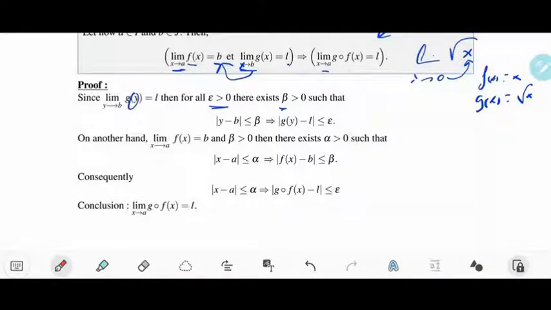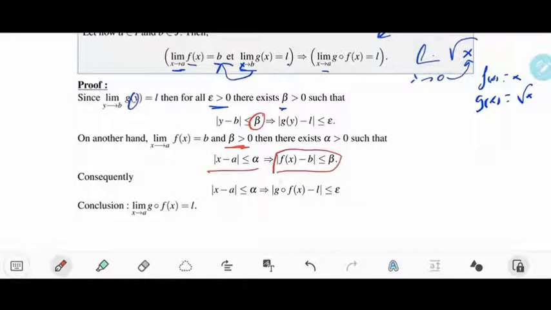So again, what I'm doing in here, I'm using the definition of the limit of the function f, and the definition of the limit of g, and we choose any number epsilon positive. So here we choose the beta that is in here, and we say that for this beta there exists alpha such that |f of x minus b| is less than beta.